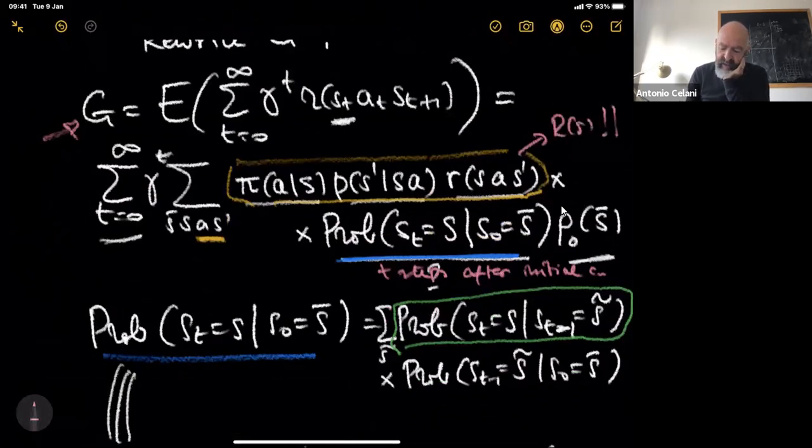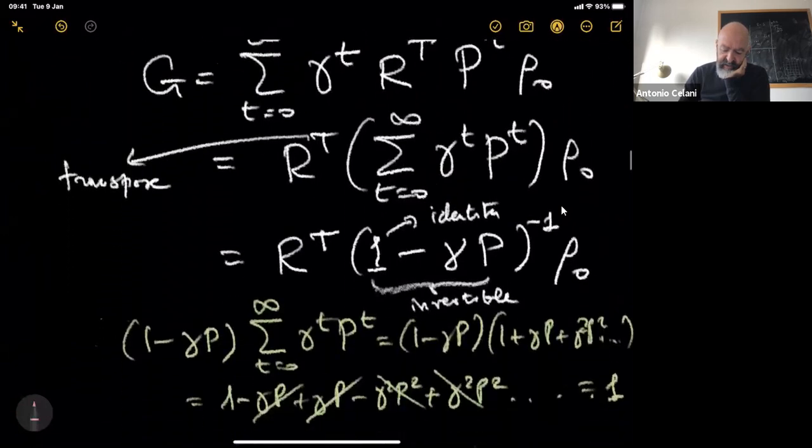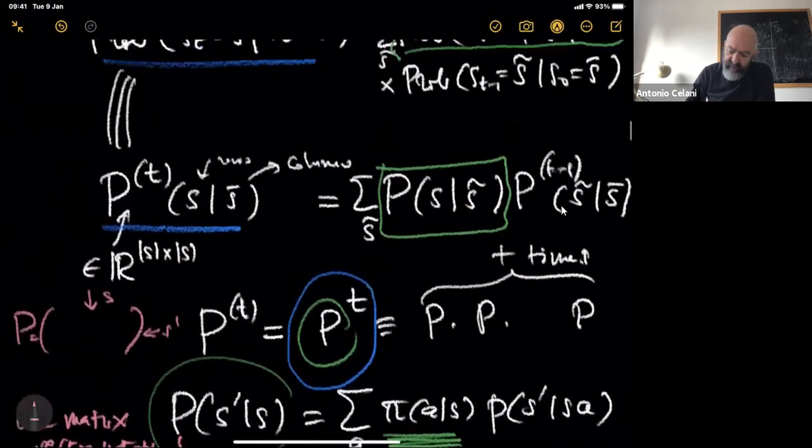Okay, if I sum over A and S prime this object, I recognize that it is just exactly the R_S that I introduced here, and it's in yellow as the previous one. So this means that I can go from here to here.